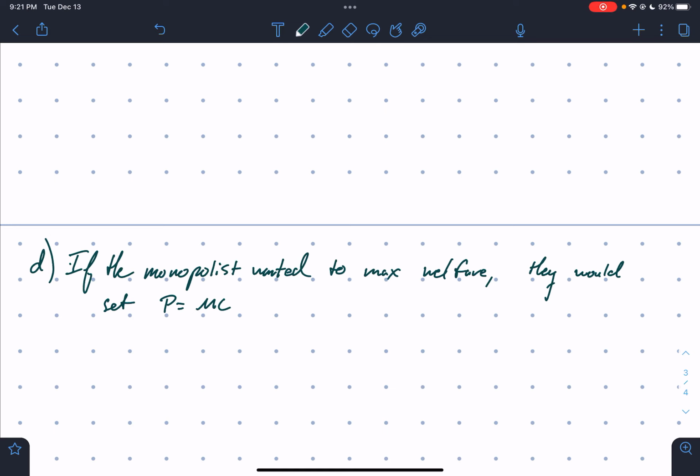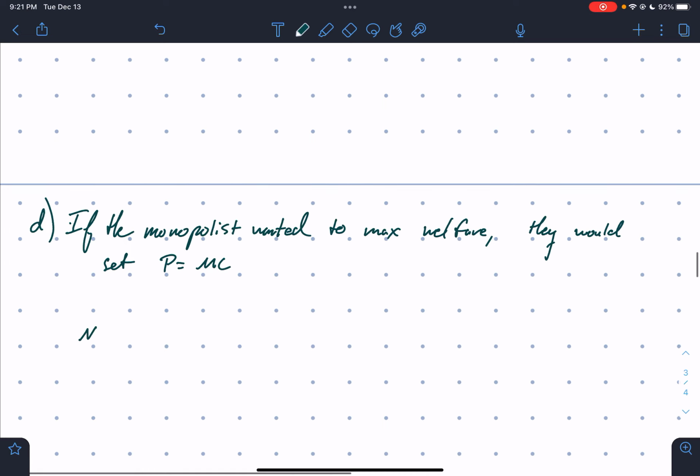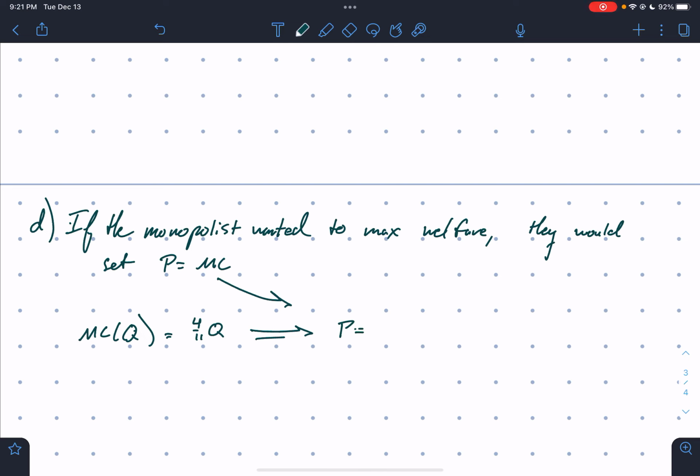This is essential for social welfare to be maximized. So we found in the previous problem, the marginal cost was 4/11 times Q. So when price is equal to marginal cost, we must have that price is equal to 4/11 times Q.